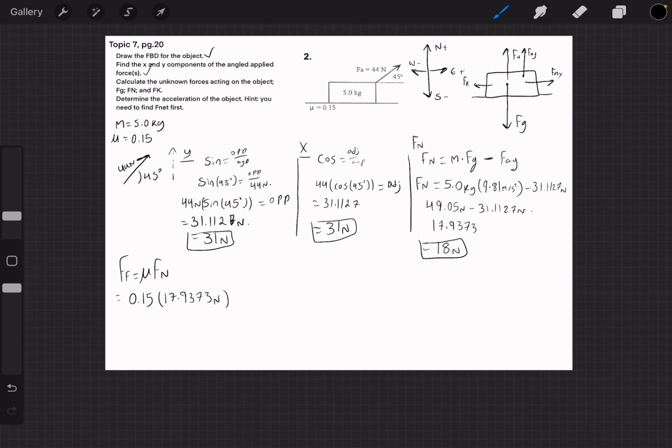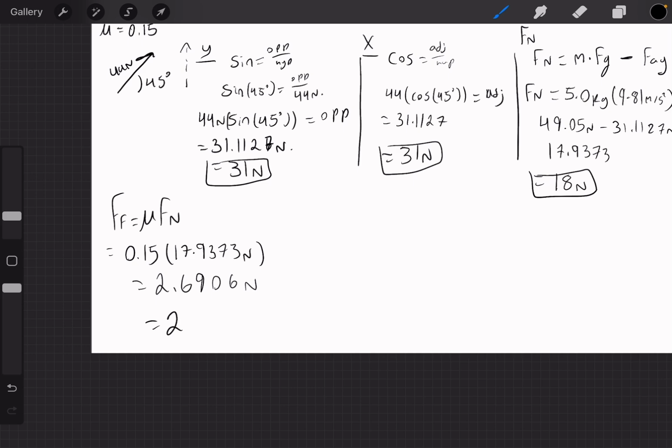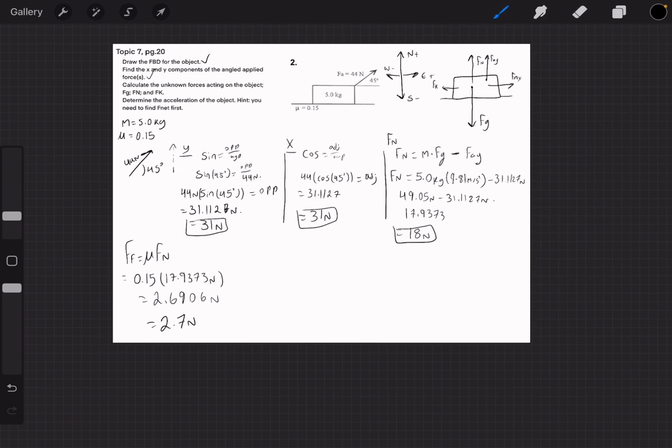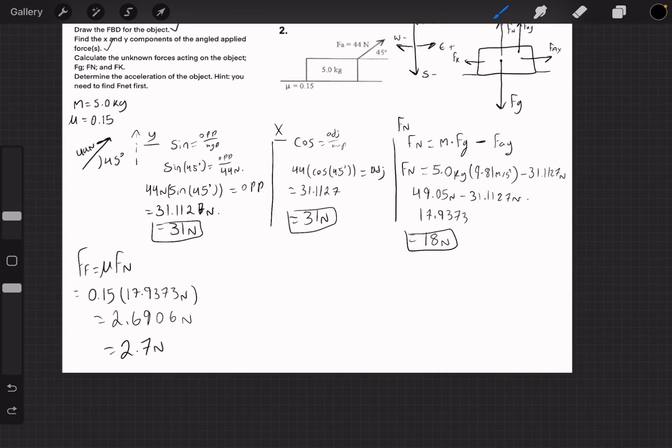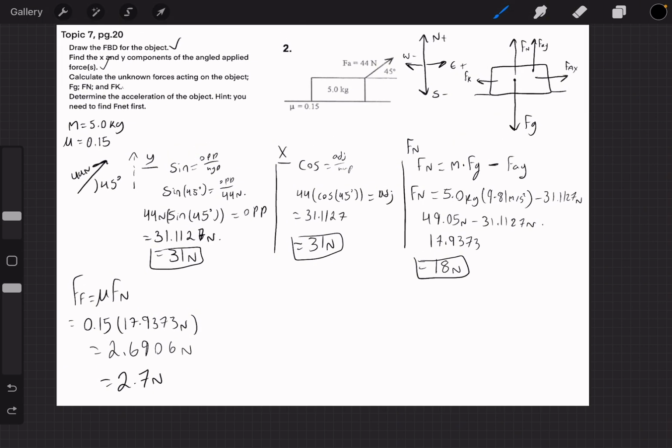That gives us 2.6906 newtons of force. Then I'm going to round that to 2.7 newtons because we still need 2 significant digits, since that number came from the 5.0, which makes it 2. Perfect. So let's check that step off.